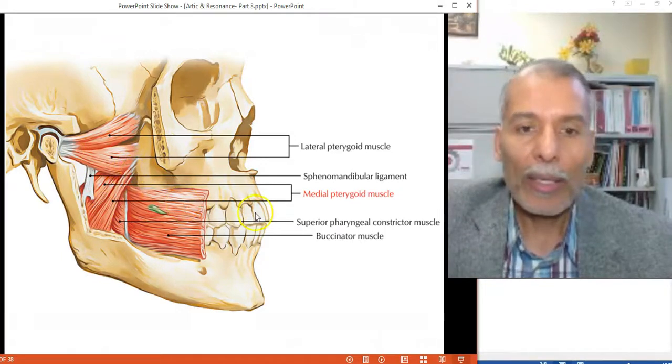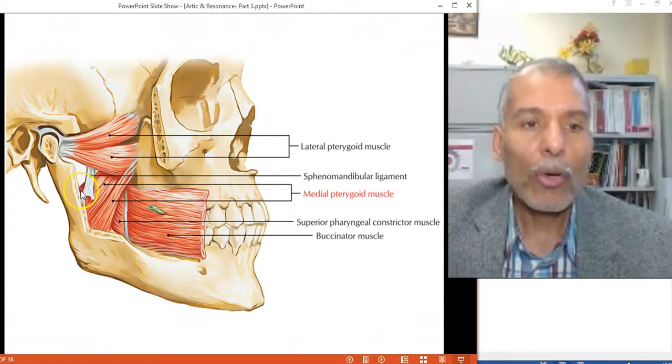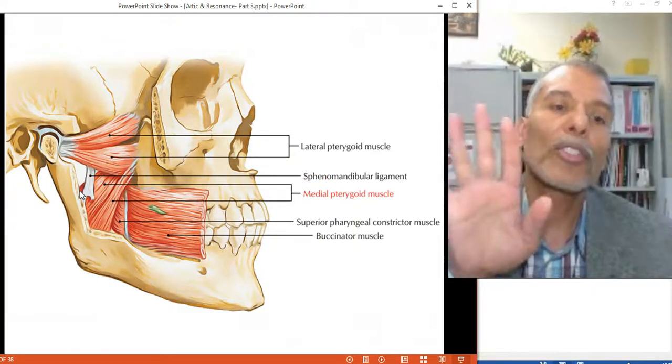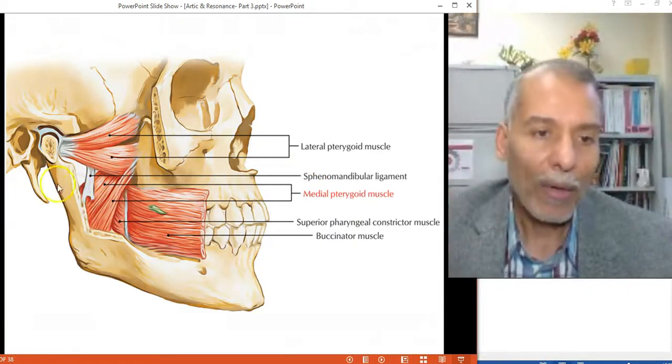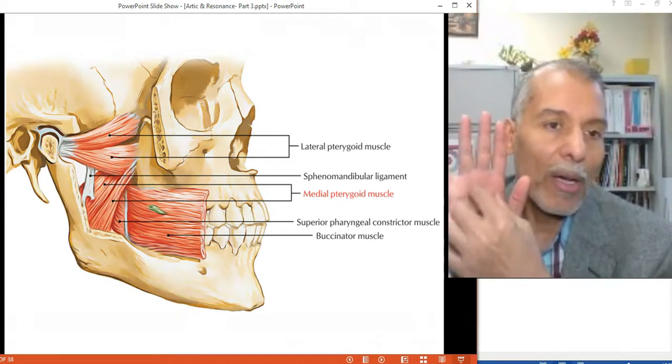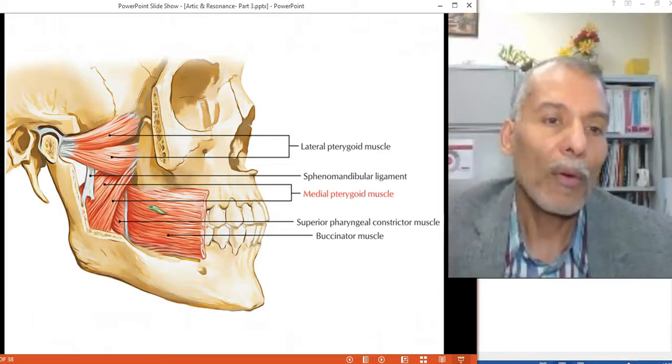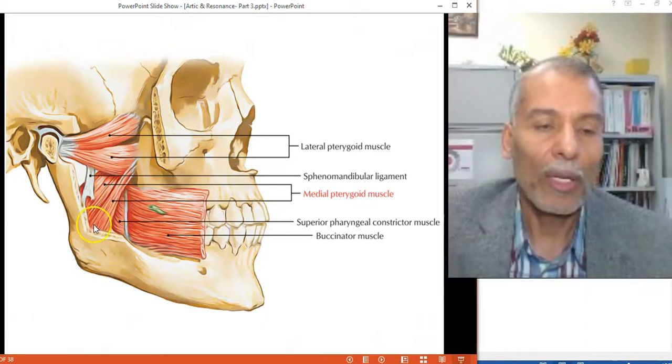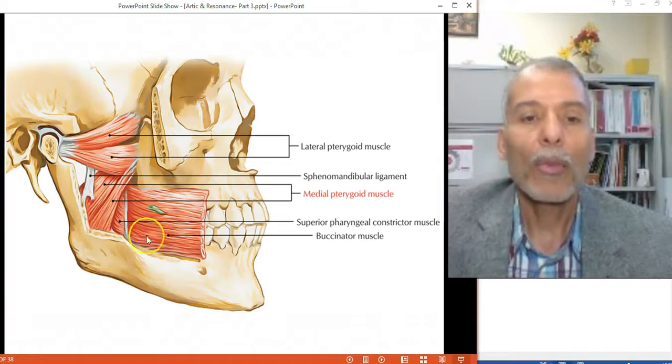Particularly, the medial pterygoid inserts on the anterior surface of the ramus of the mandible here. This is the ramus, the vertical piece from here to here, and it inserts onto the anterior surface of the ramus of the mandible.